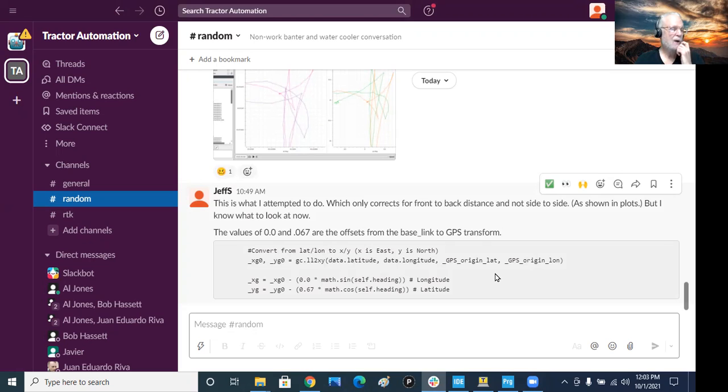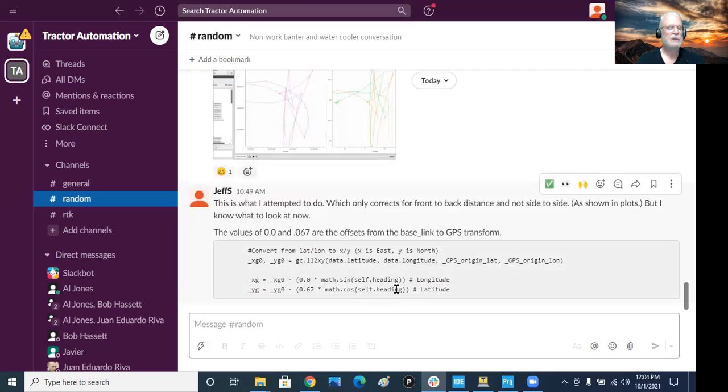So I thought, well, what we'll do is subtract that number off. But you can't just subtract the value of the GPS, in my case 0.67, because as you rotate, that's not taking the rotation into account. So you need to take the heading of the vehicle and do a sine and cosine on that.